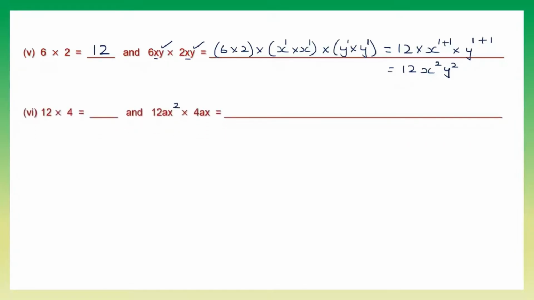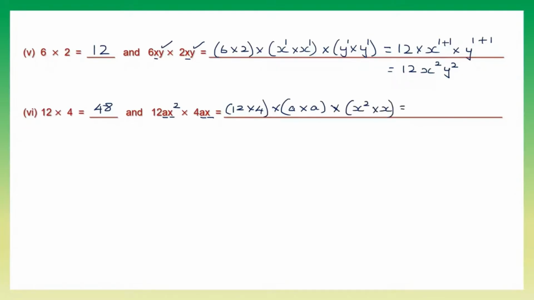Next question. 12 into 4. 12 fours are 48. Now here again we have the numbers. Let's write the numbers. 12 into 4 into, let's take a. There's one a here and one a here. So a into a into, let's take the x. We have x square and x. So that is x square into x.